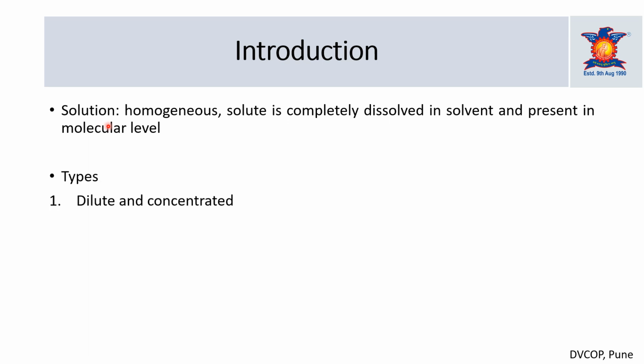First is the dilute and concentrated solution. Next is the ideal and non-ideal solution. Dilute means the concentration of solute is less, and concentrated means the concentration of solute is more. Ideal and non-ideal solutions we will discuss in the next video.